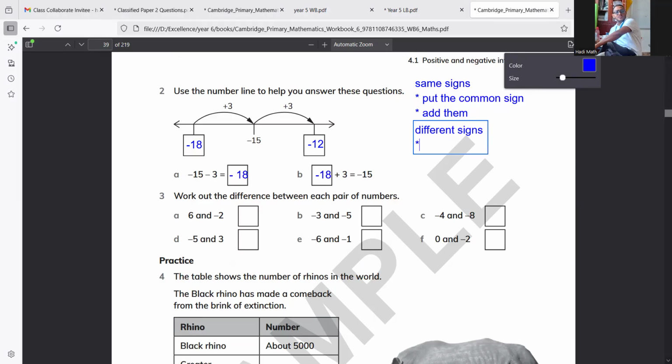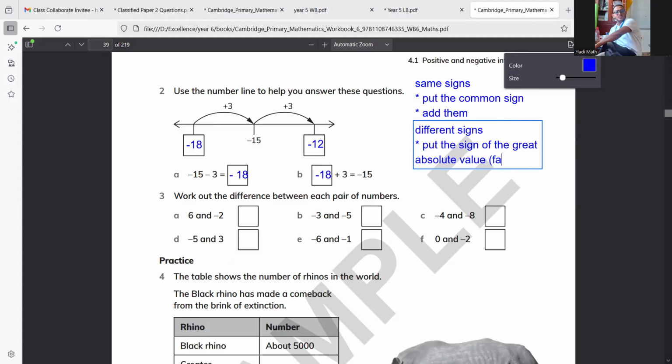Different signs, step number 1, you put the sign of the greater absolute value. And when we say absolute value, it means far from the zero.